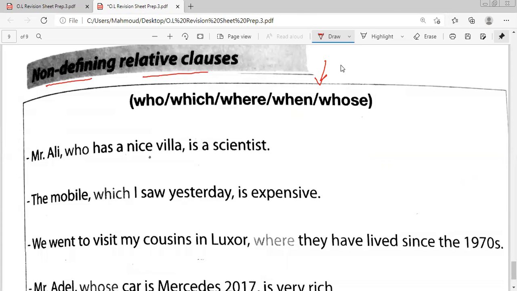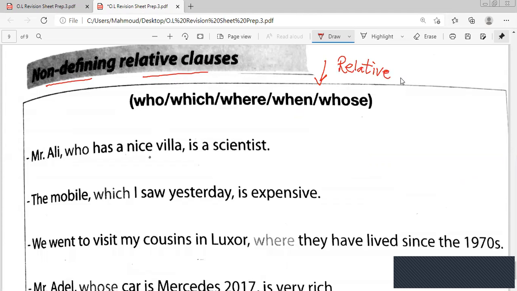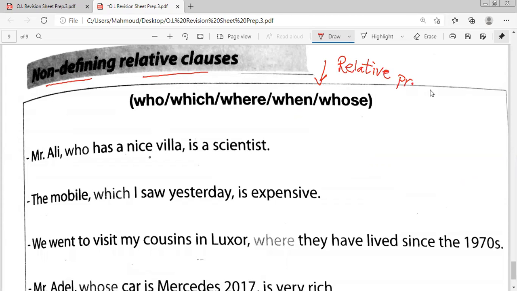These are called relative pronouns, like who, which, where, when, whose. We use who with people, which with things or animals, where with places, when with time, and whose with possession, to express something that you own.